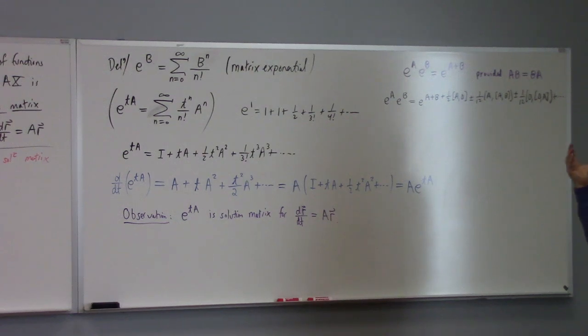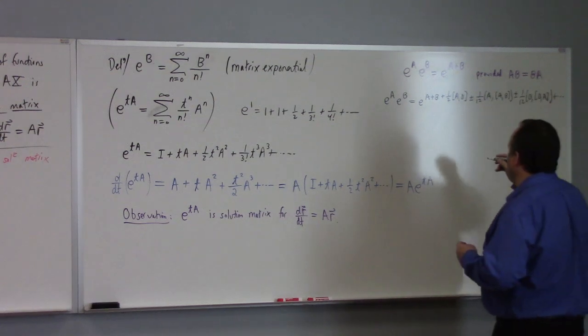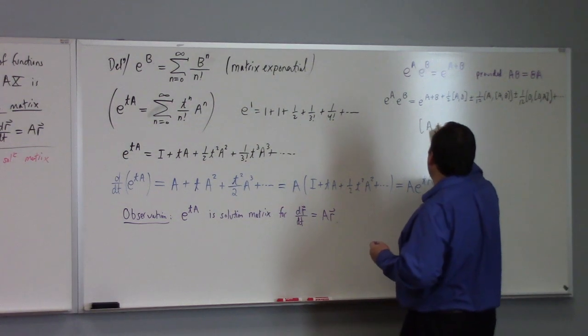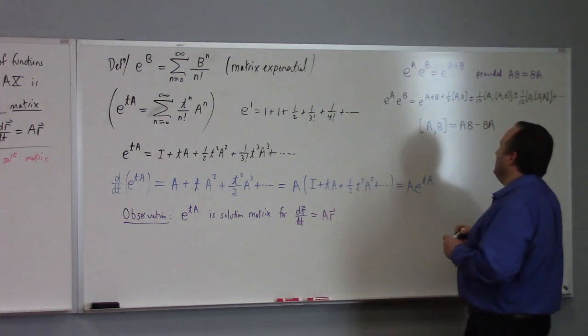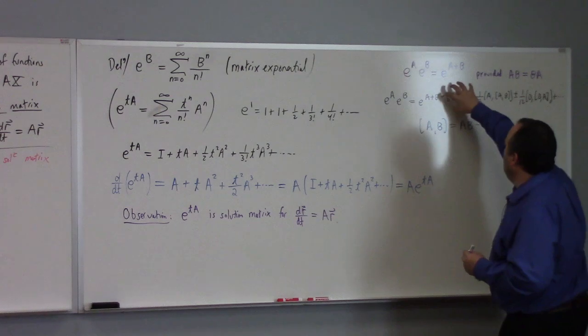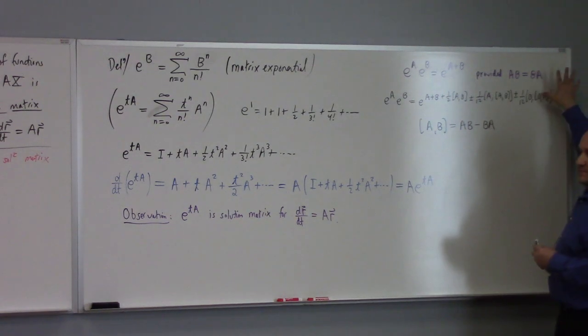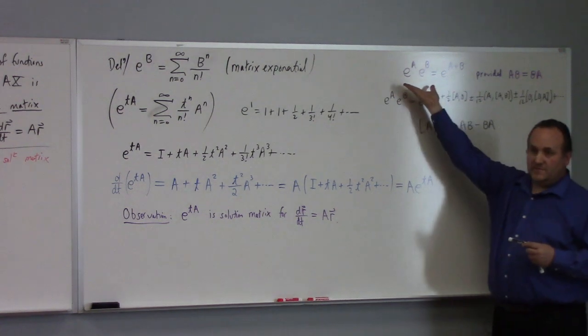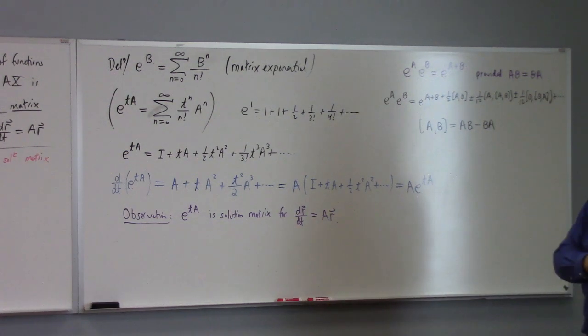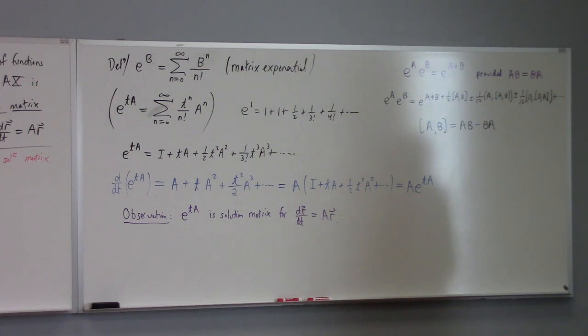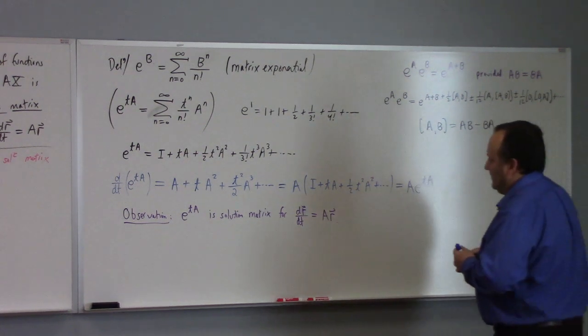And what's past that is an infinite series of nested what are called commutators. The commutator of A and B is simply defined to be AB minus BA. So if the commutator is 0, all of this stuff is gone, and you're just left with this, all right? But if A and B commute, then this is how the product of two matrix exponentials works, all right? So then what?